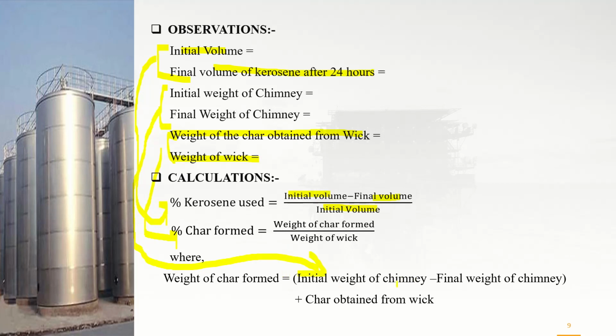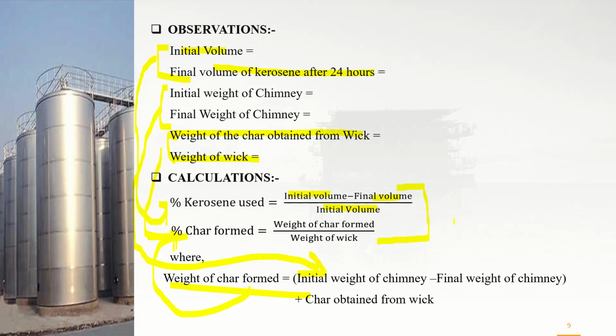Adding both the weights will give the total weight of the char formed, which further also helps in the percent of char formed in our burning test. So these are the two qualities which we measure using this 24-hour test for the fuel.